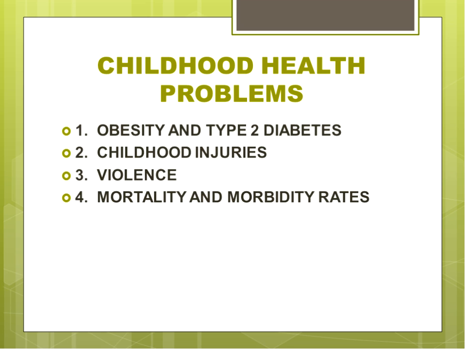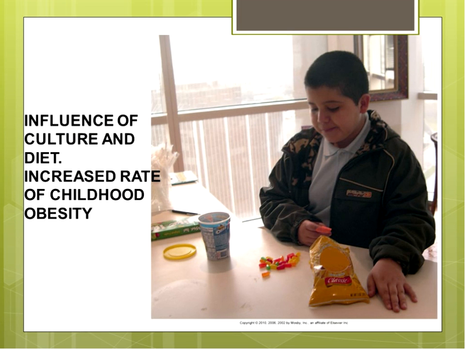Then we're always looking at trends or changes in mortality and morbidity rates for children, and that's an important statistic for us to compare. You need to also be aware of the influence of culture and diet on the child.